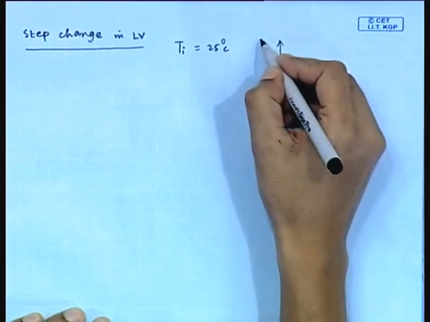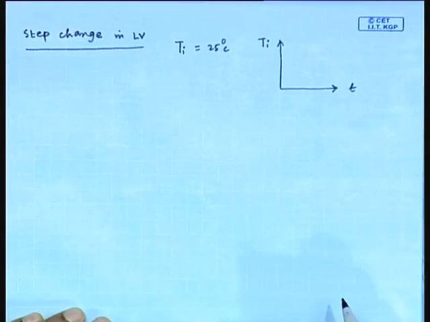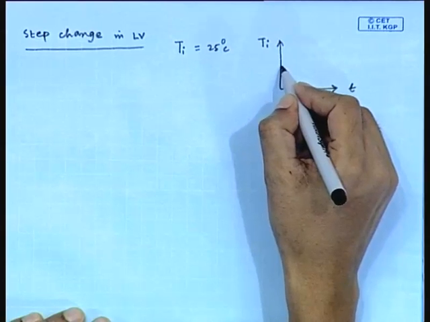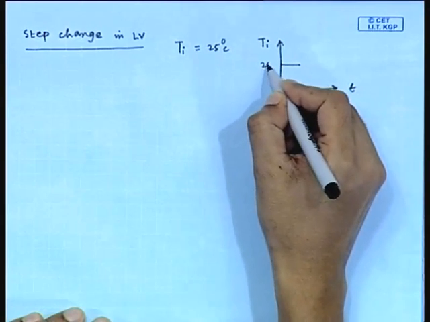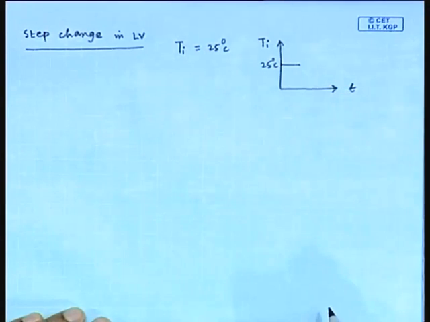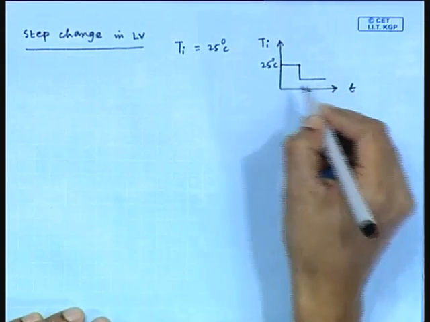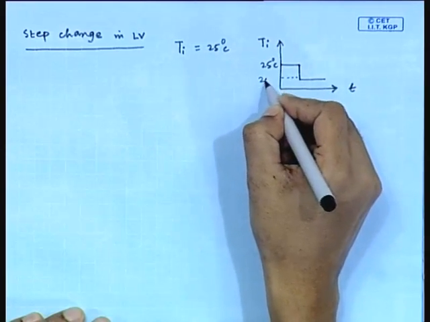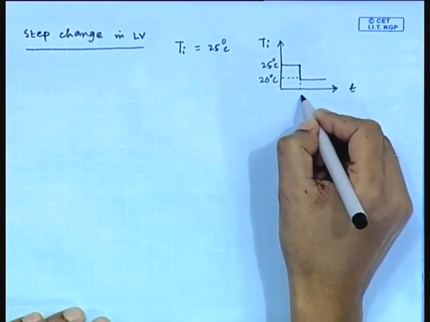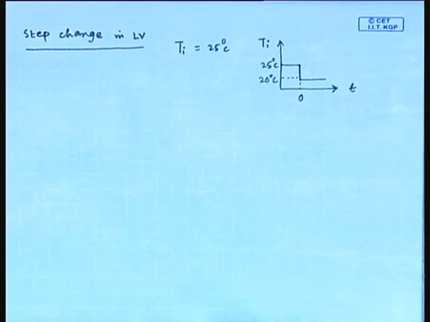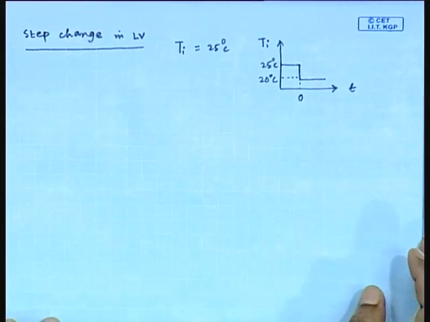This is time, this is Ti. Initially Ti is 25 degrees Celsius. Now, it is changed to, suppose, 20 degrees Celsius at time t equals 0.